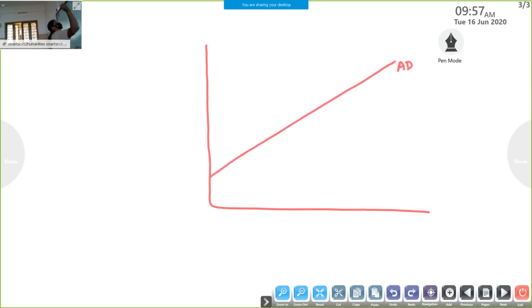This is AD, or we can write C plus I. This is AS, or we can write C plus S. AS curve starts from the origin, a 45-degree line or guideline. If you need, you can take the consumption curve also. That's your wish, doesn't matter.